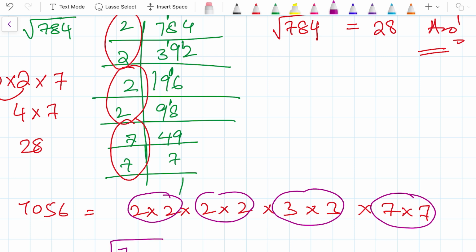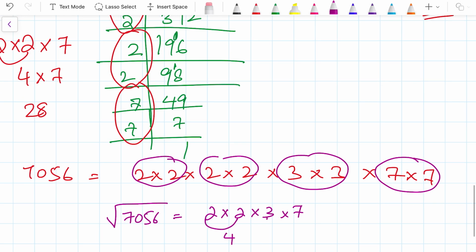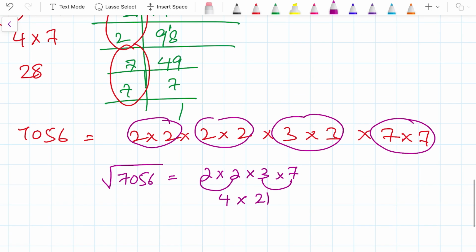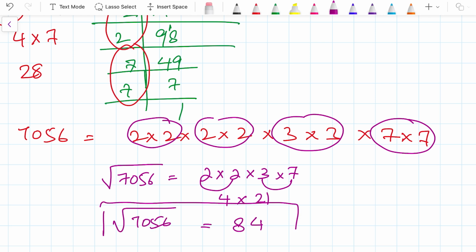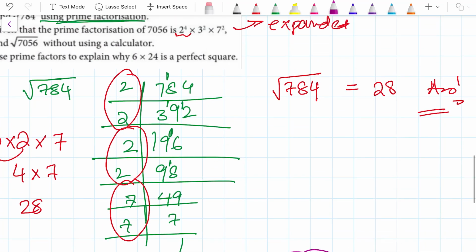Just write them once. 2 times 2 is 4, 3 times 7 is 21. 4 times 21 is 84. So the square root of 7056 is 84. So using the prime factorization method, we can find out square roots and cube roots of big numbers.